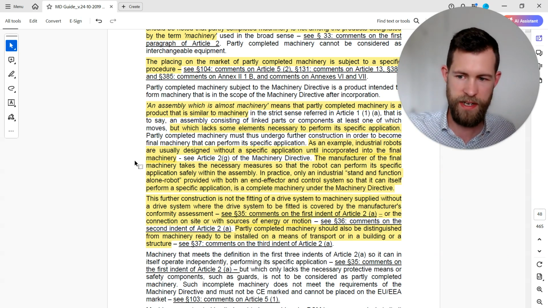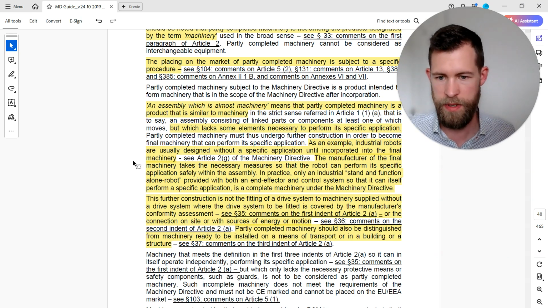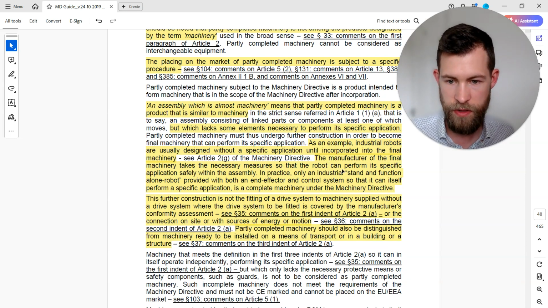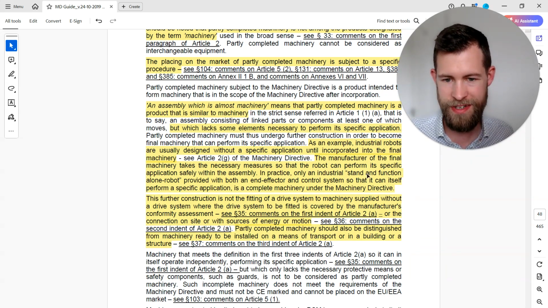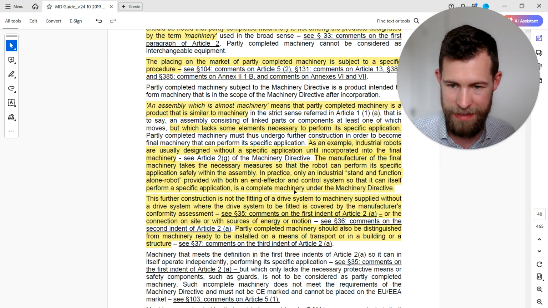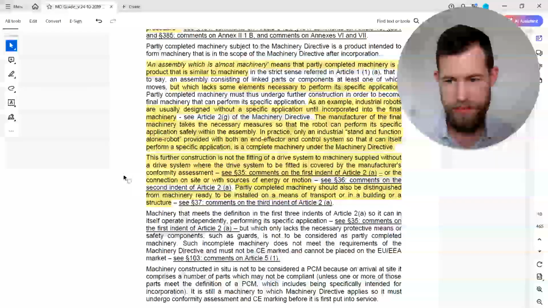You have to think about the end effector, where it's installed, what it's going to interact with, interfaces. The manufacturer of the final machinery takes the necessary measures so that the robot can perform its specific application safely with the assembly or within the assembly. In practice, only an industrial stand-alone functioning robot provided with both an end effector and a control system so that it can itself perform a specific application is complete machinery under the Machinery Directive.